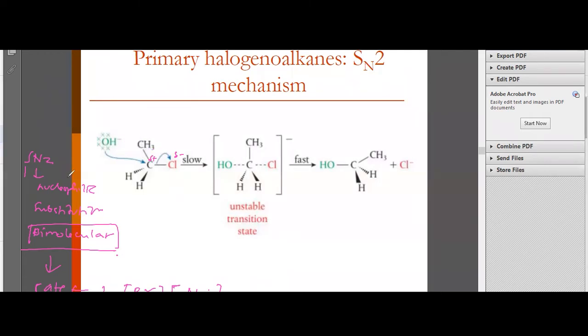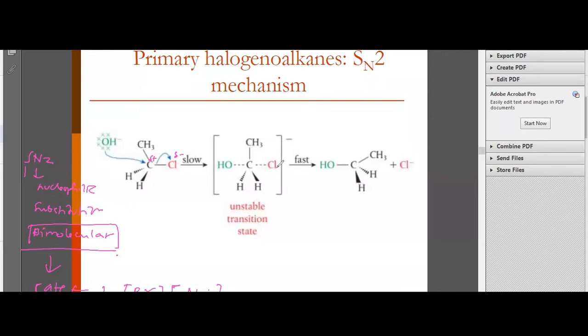OH minus will attack the positive carbon. Give the curly arrow to show this, from the lone pair to the positive carbon. We call the nucleophile the incoming group. As the incoming group attacks the positive carbon, the C-X bond will break.